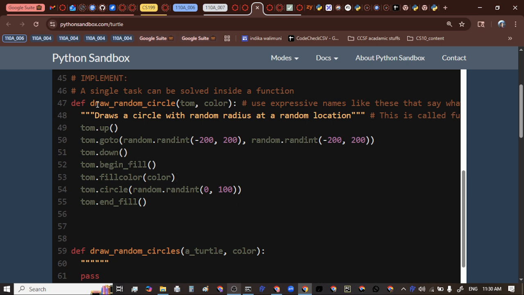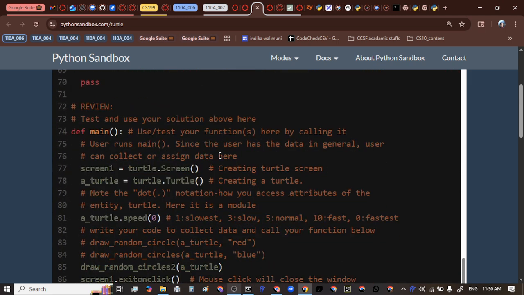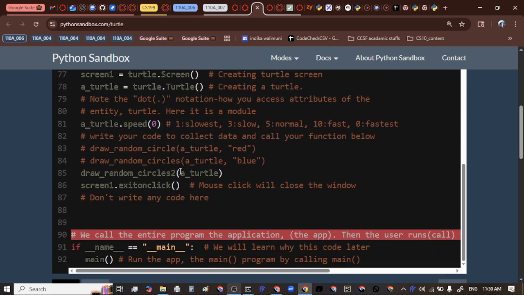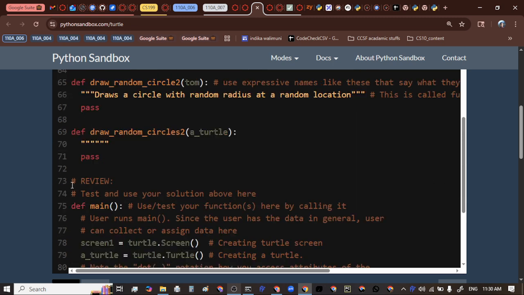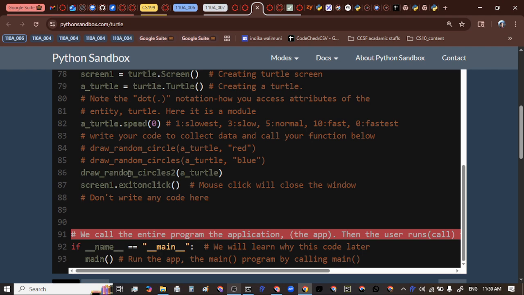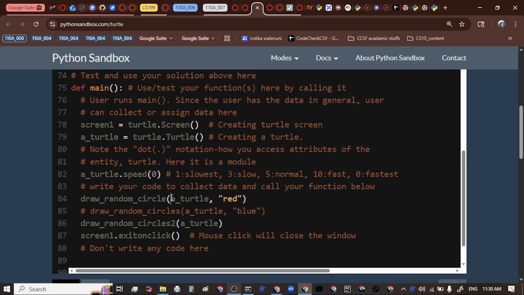All right, so let's try this one over here. Okay, so I think this is like this. Oh, I think I have it already. This is the one. Okay, all right. What do we call these two parameters?